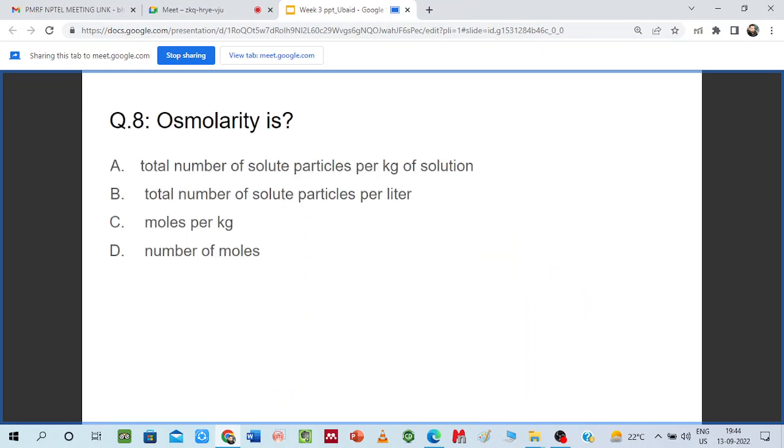Another question is, what is the definition of osmolarity? Total number of solute particles per kg of solution, total number of solute particles per liter of solution, moles per kg, number of moles.